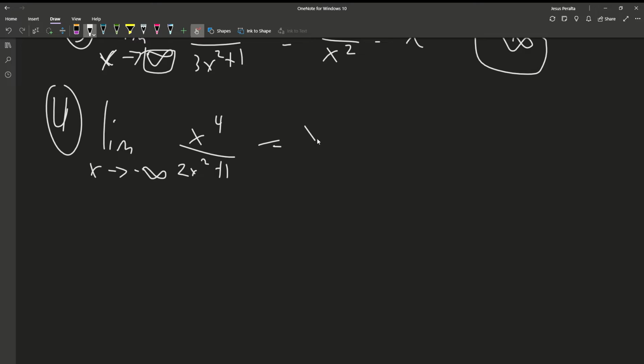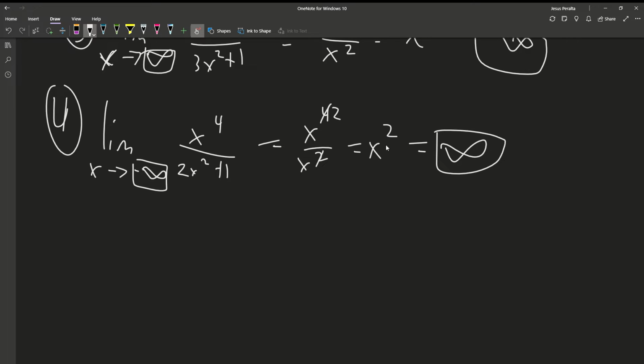So we're just going to rewrite it as x to the power of 4 over x squared, which is equal to x squared, since 4 minus 2 is going to be left over 2. Then you plug in this, but since it's a negative and a negative, it's going to be a positive infinity. So from here, we are going to go on to number 5.